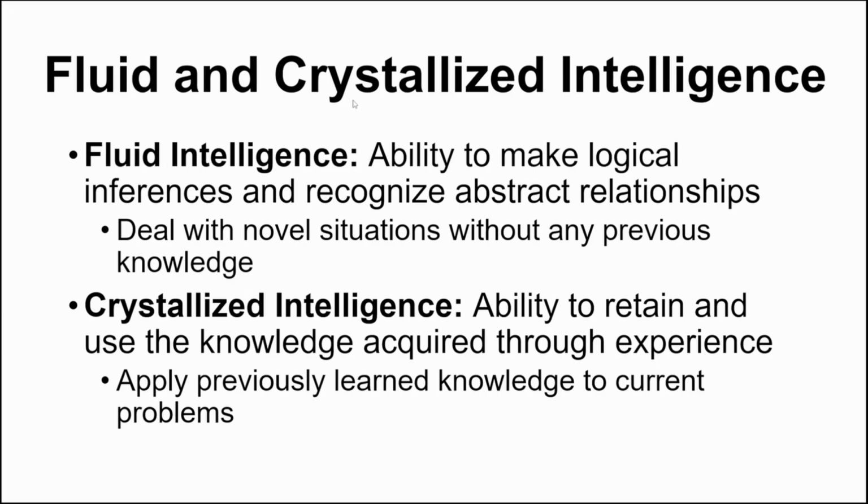All right, next. So that breakdown between fluid and crystallized intelligence, like I said before, this is nothing new. Fluid intelligence is fluid and flexible. So this is our ability to make logical inferences, to recognize abstract concepts, especially in the absence of any prior experience or knowledge that would help us interpret the information we're faced with in the moment. So we're dealing with novel situations and we're thinking abstractly without any previous knowledge, without any previous experience.